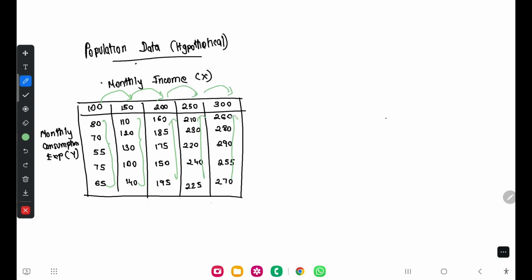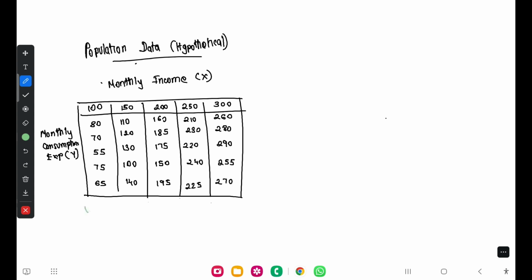So basically, by looking at the data or the table, you can get a rough idea that when the income increases, Y is also increasing. But now if I ask a question like this, what do you think about the change in consumption expenditure because of an increase in income by 1 rupee?